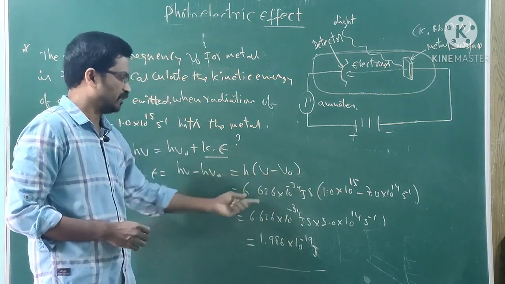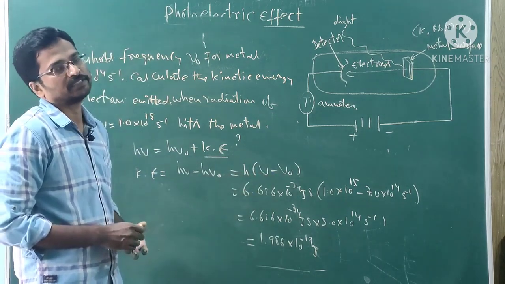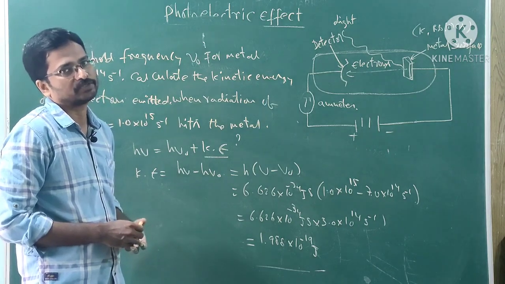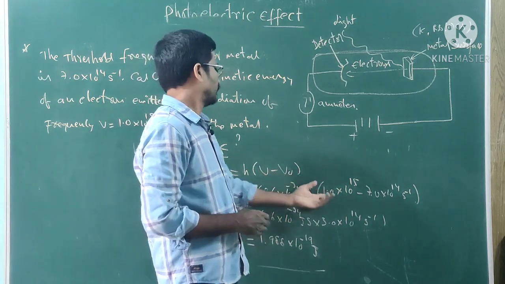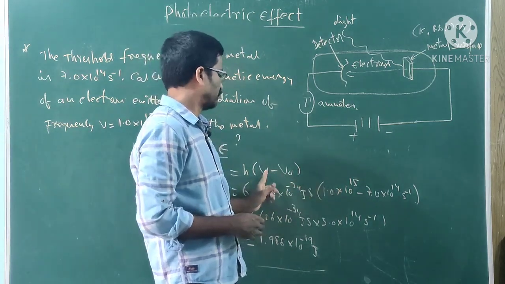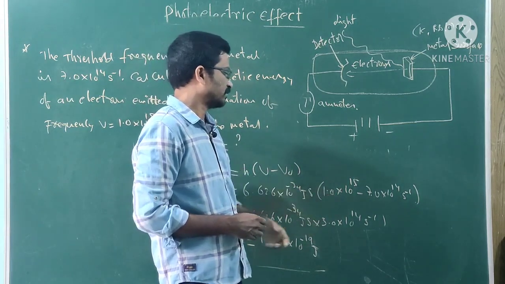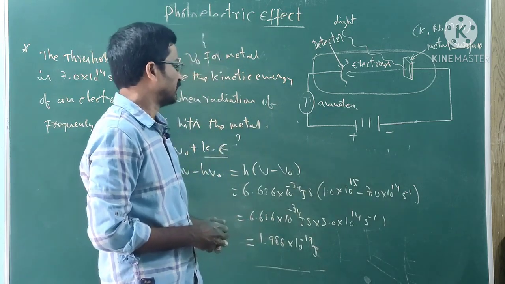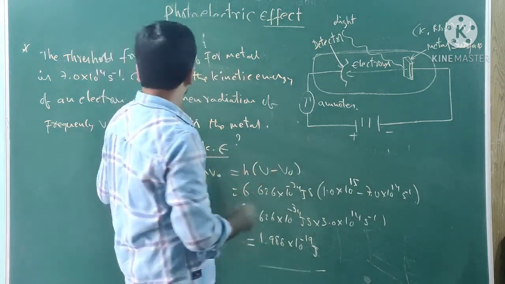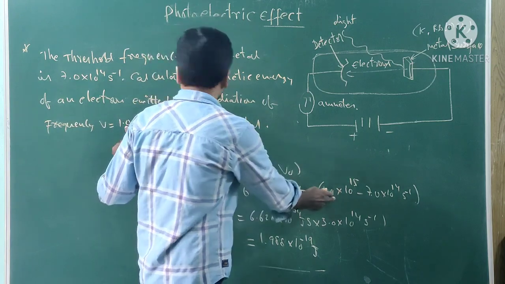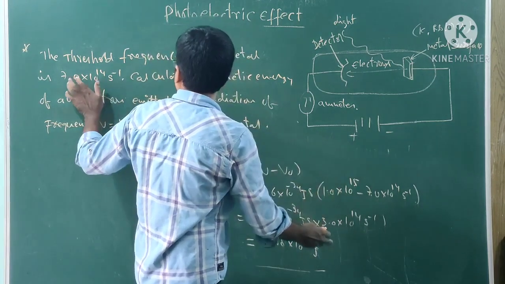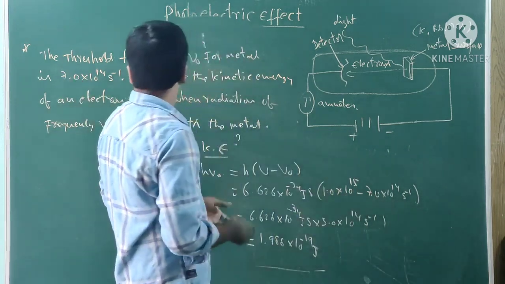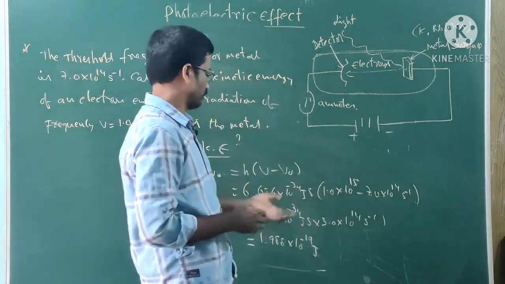h is a constant, the Planck constant, 6.626 × 10⁻³⁴ joule seconds. The value of ν is 1.0 × 10¹⁵ minus ν₀, which is 7.0 × 10¹⁴.